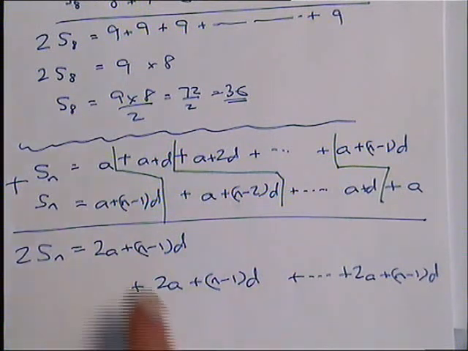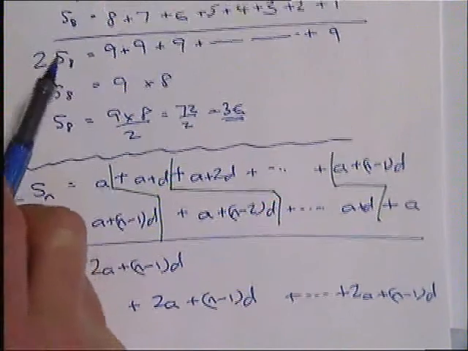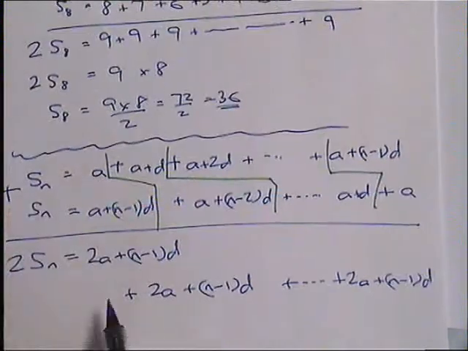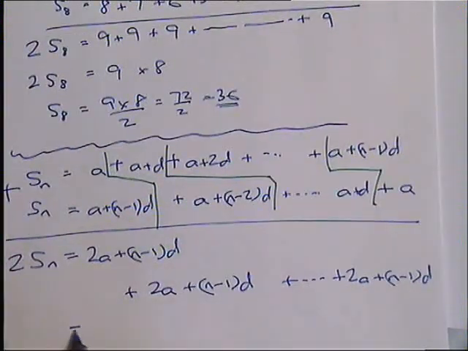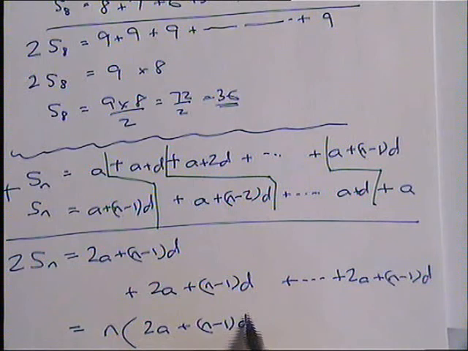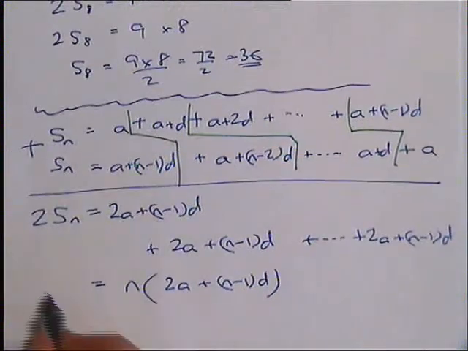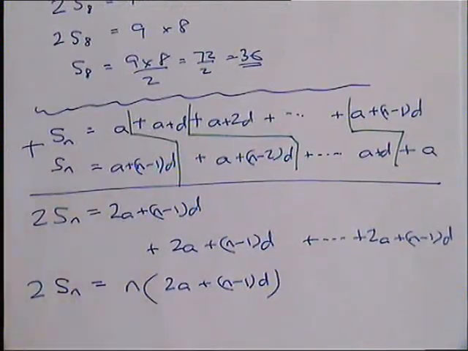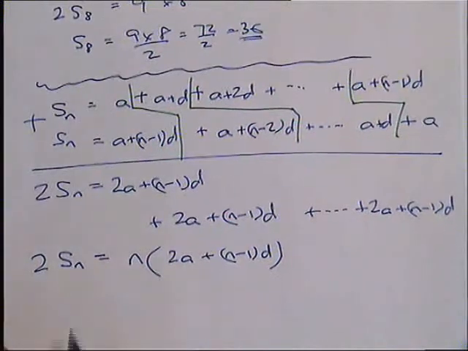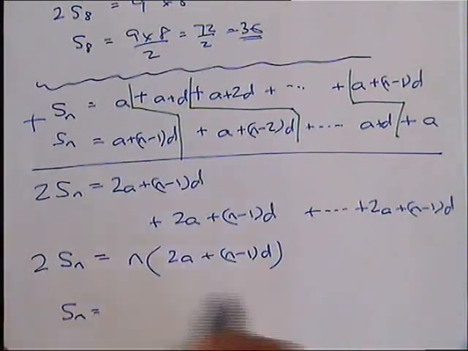And how many of these identical terms do I have in this list? I have n of them. Like when I had 8 numbers added up, I had 8 of them. Here I've got n of them. So over here, that adding up is n lots of 2a plus n minus 1d, and that is what 2 lots of S of n equal, which means 1 lot of S of n is that divided by 2.